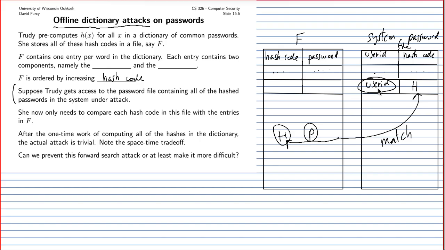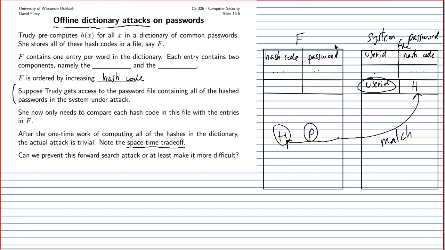So notice this kind of attack is what we call a space-time trade-off situation. By pre-computing and storing all of the password and hash code pairs, she had to use quite a bit of disk space, especially if she considered millions and billions of passwords.